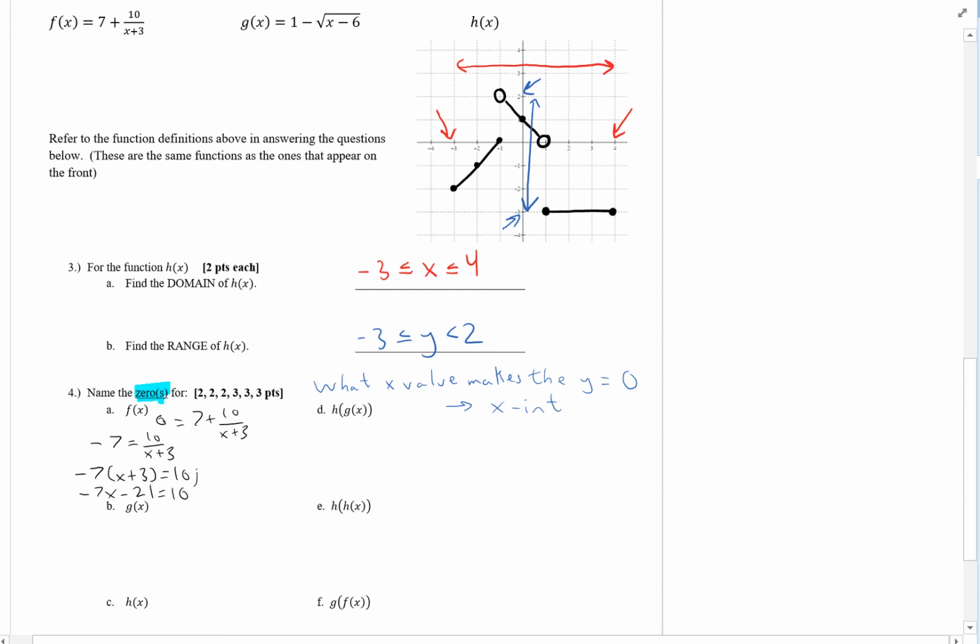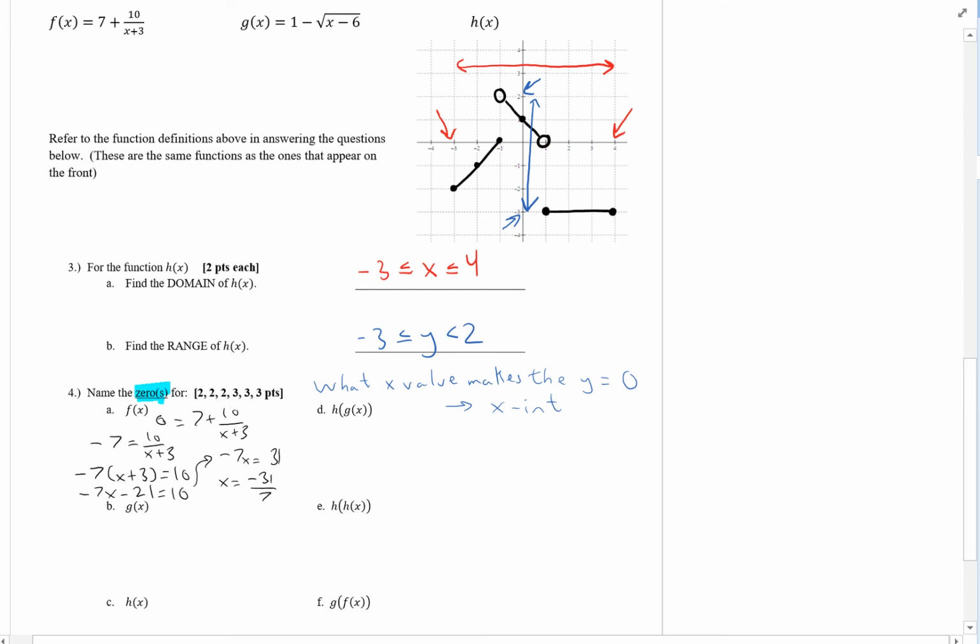And add 21 to each side. Add 21 to each side gives me 31 over here. So negative 7x equals 31. X equals negative 31 sevenths.